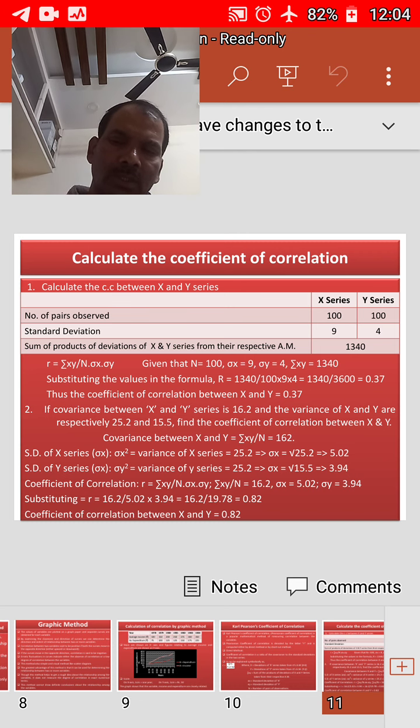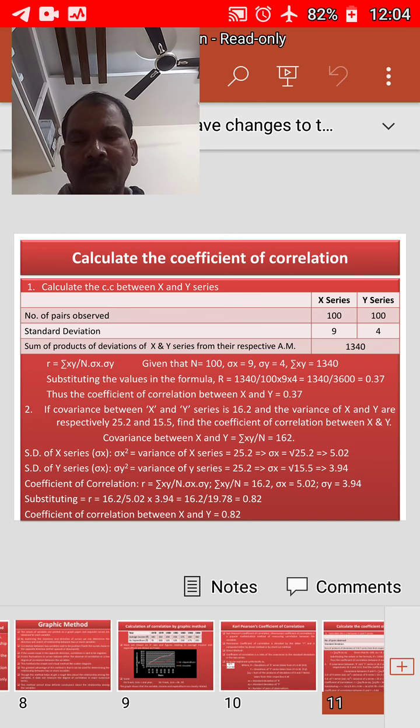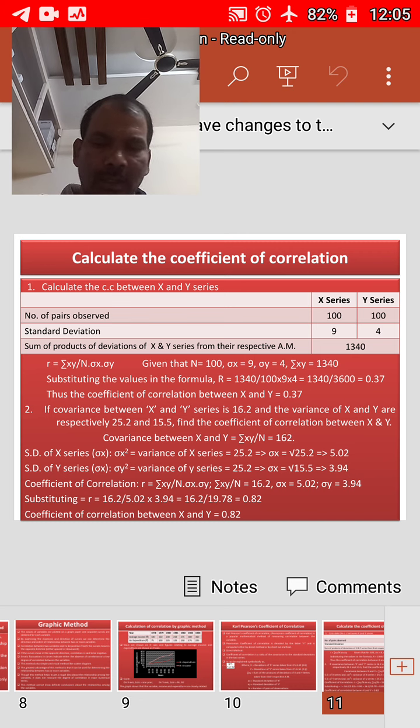Calculation of the standard deviation of y series: sigma y is equal to the square root of the variance of y series. We are given that sigma y square is equal to 15.5, the variance of y series. And now we need sigma y, the standard deviation of y series, that is under root 15.5, which is equal to sigma y is equal to 3.94.